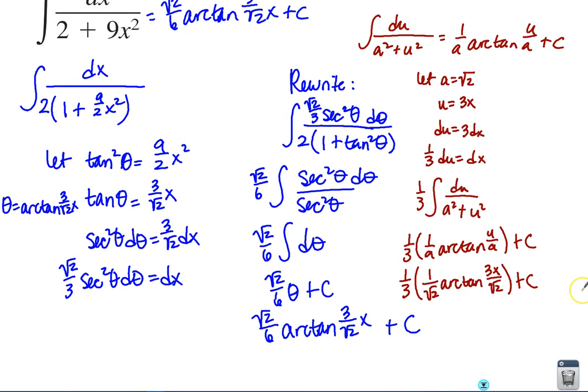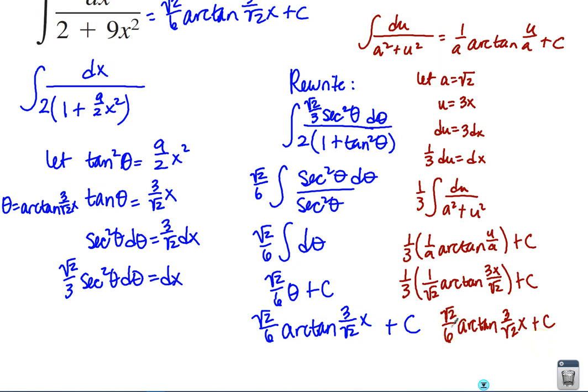It doesn't look exactly like what we had a minute ago, only because I haven't simplified my radical yet. If I were to simplify this radical, that would be root 2 over 2 times 1/3. So this becomes root 2 over 6 arc tan, oh my gosh, I did it again, 3 over root 2 x plus c, which is identical to what we had before.